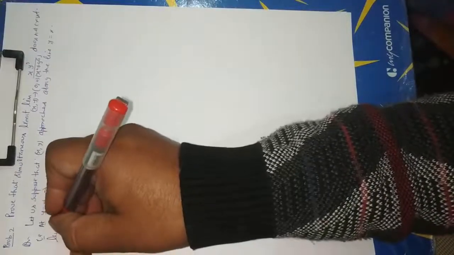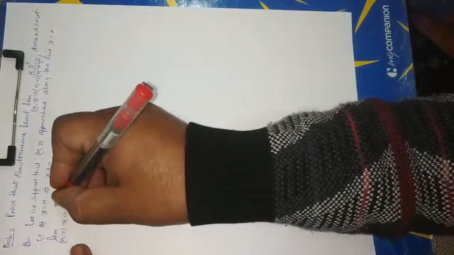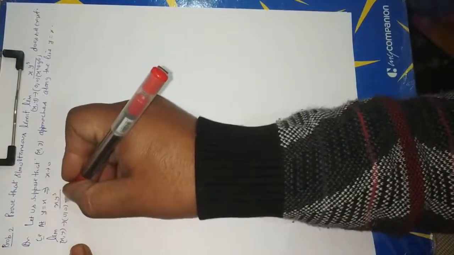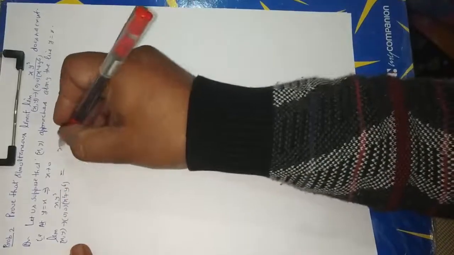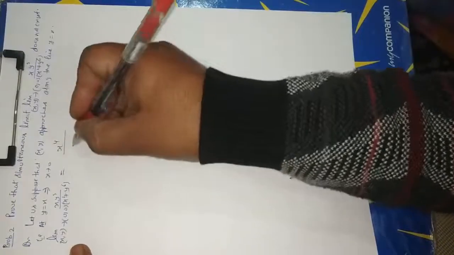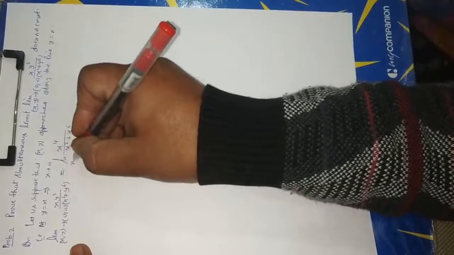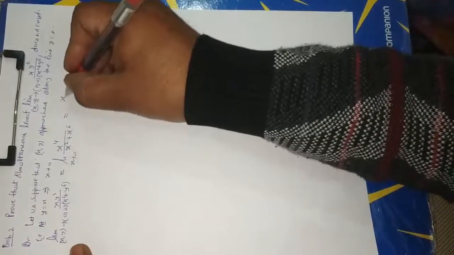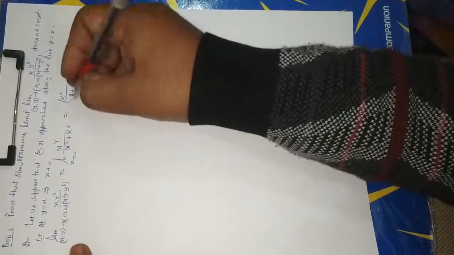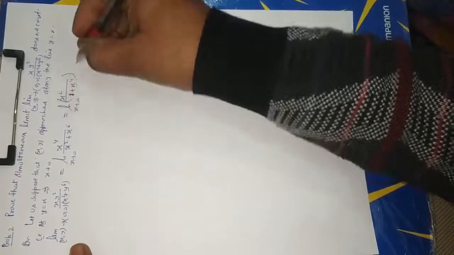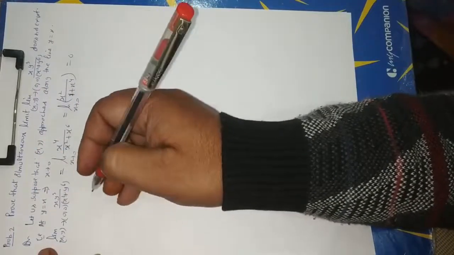Then we get limit (x, y) tending to (0, 0) of xy³ upon x² plus y⁶. This can be written as x⁴ upon x² plus x⁶, limit x tending to 0. Now x² upon 1 plus x⁴, limit x tending to 0, that is we get 0.